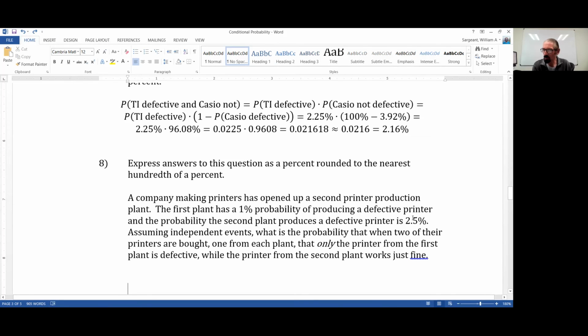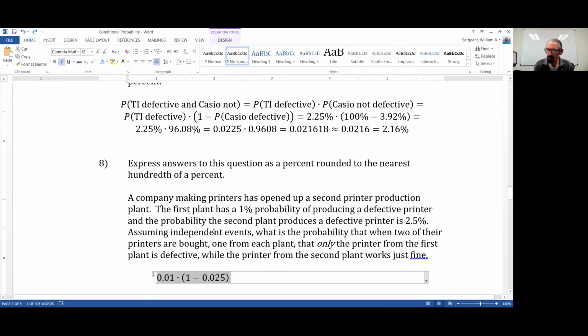The defective one at the second plant has a 2.5% chance, but we want only the first plant to make a defective one. So just like with the TI versus Casio, the one at the second plant is working just fine. I converted 2.5% to 0.025 as a pure decimal, and I converted the 1% to 0.01 as well.